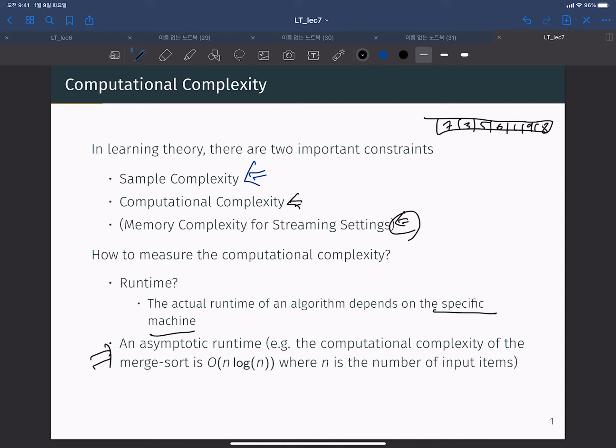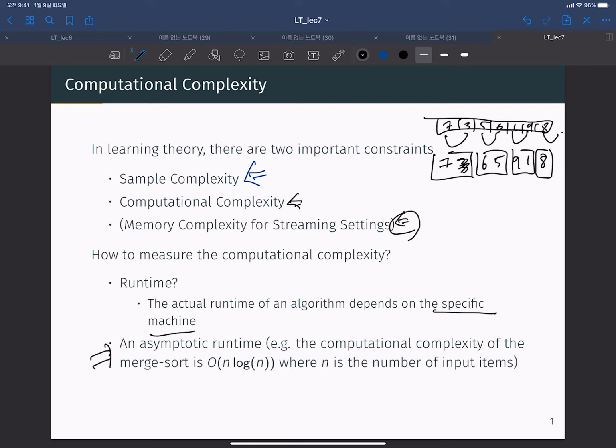Then the first step is to compare pairwise and sort. So that's 7, 3, 6, 5, 9, 1, 8. This is one block, this is one block, this is one block, this is one block.